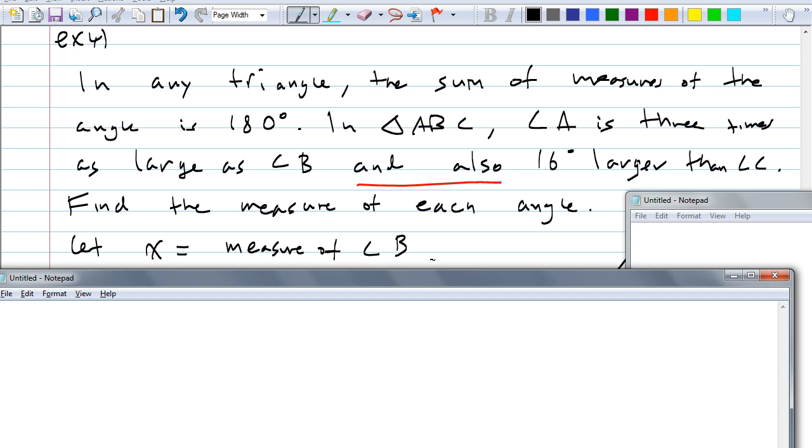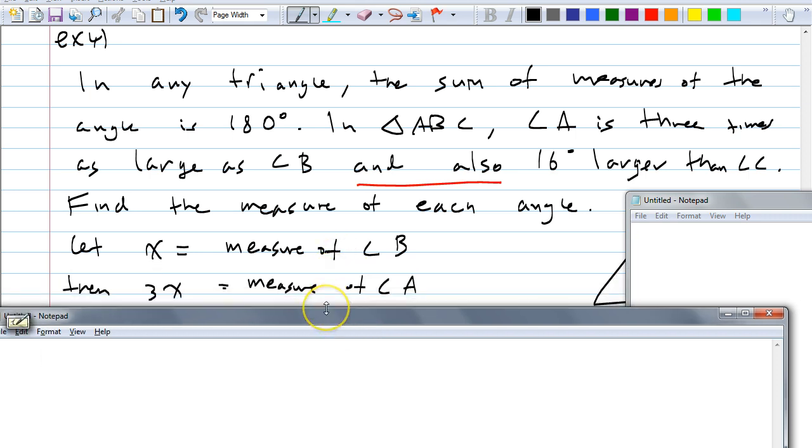How much larger than B? 3 times. So if we said let x be the measure of B, then the measure of A is 3 times B, which is 3 times x, right? Exactly. Does that make sense?